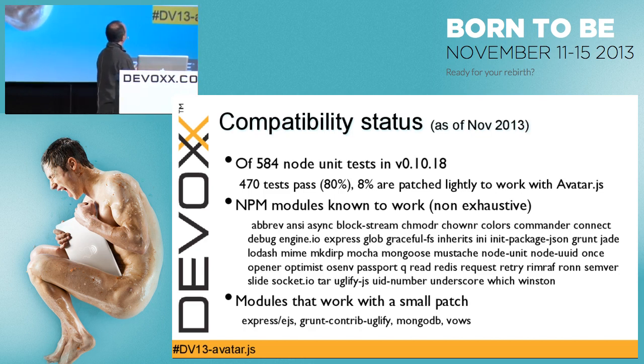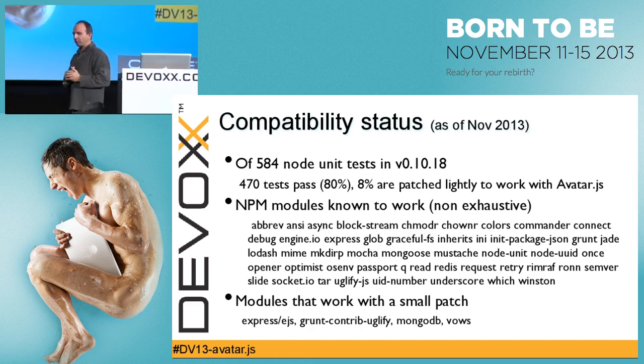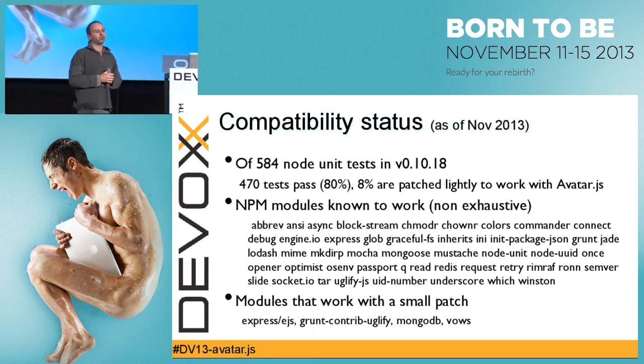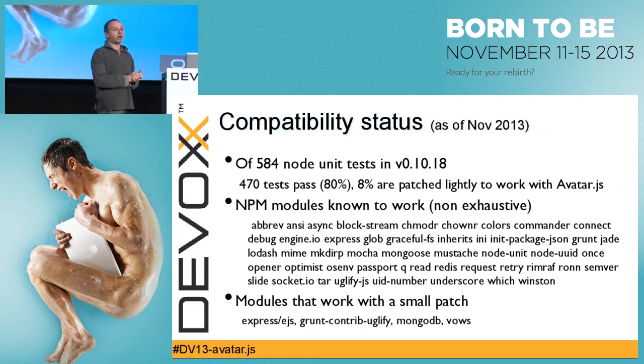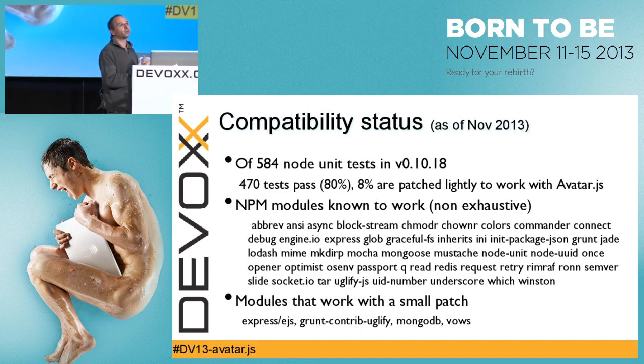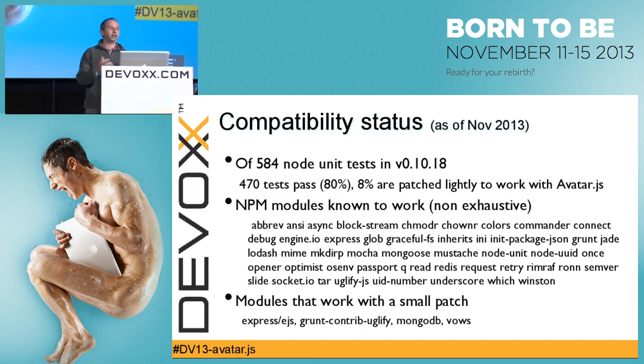We are passing 80%. It doesn't mean that the 20% are failing. Some are failing and are obviously under investigation, and we are fixing on our side, but some of them are simply missing because we do not have the required module, mainly domain, that is not there.